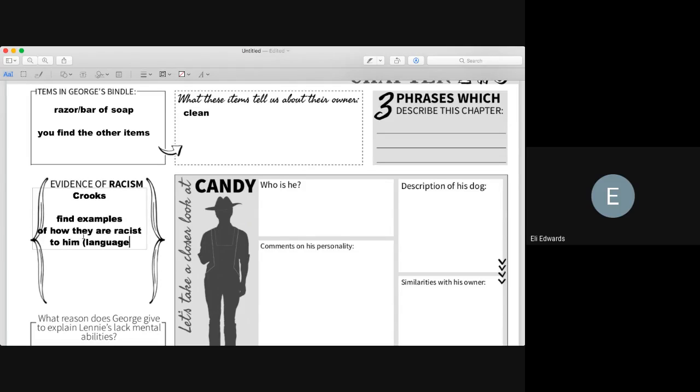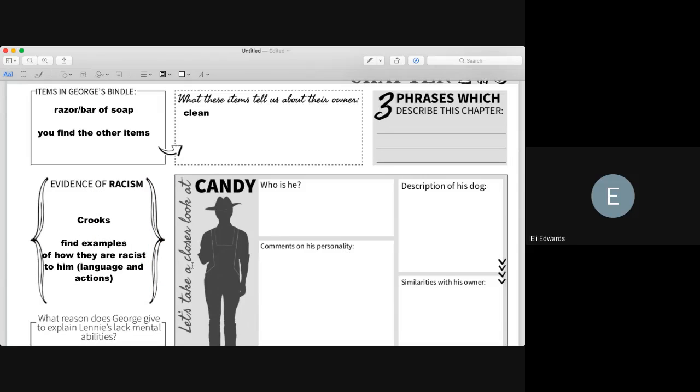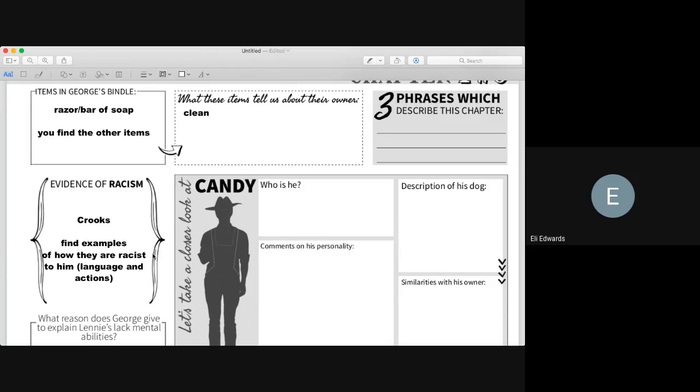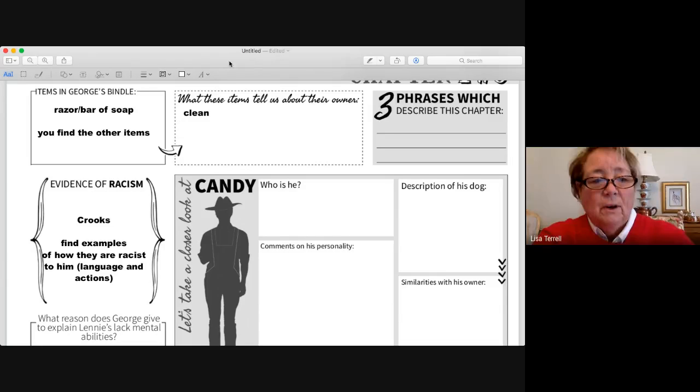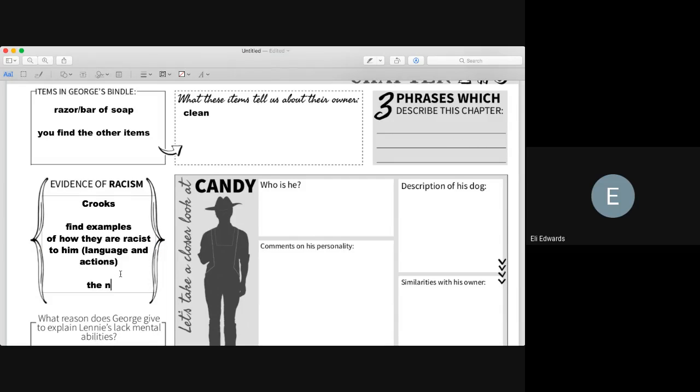You can think of language and actions. Give direct quotes from the book. Now, guys, if you write the N word, you should not write the word out. You should just put the N word, even though it's written out in the book.